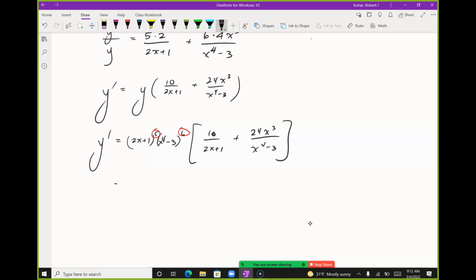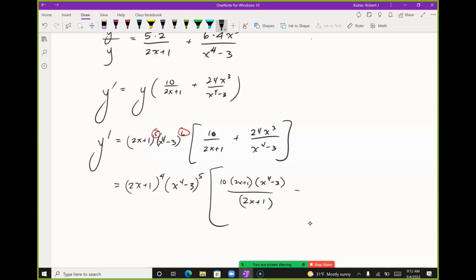So the way I'm going to finish is a little different. I'm going to keep my 2x plus 1 to the 4th outside, and my x to the 4th minus 3 to the 5th power outside, and I'm going to pull one of those factors into each numerator. So I get 10 times a 2x plus 1 times an x to the 4th minus 3 all over 2x plus 1.